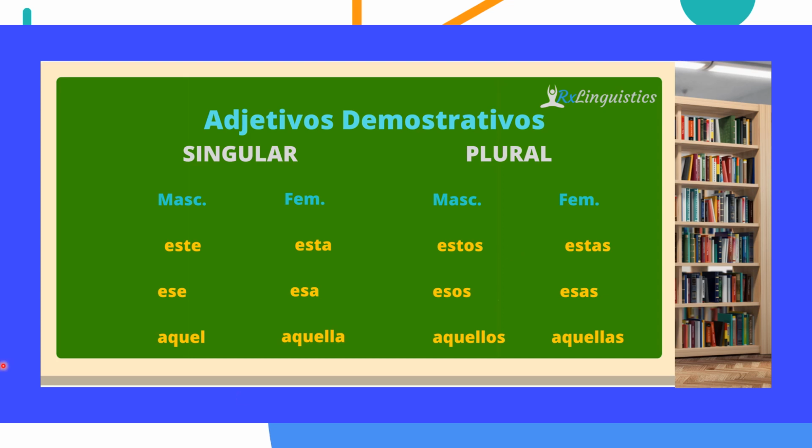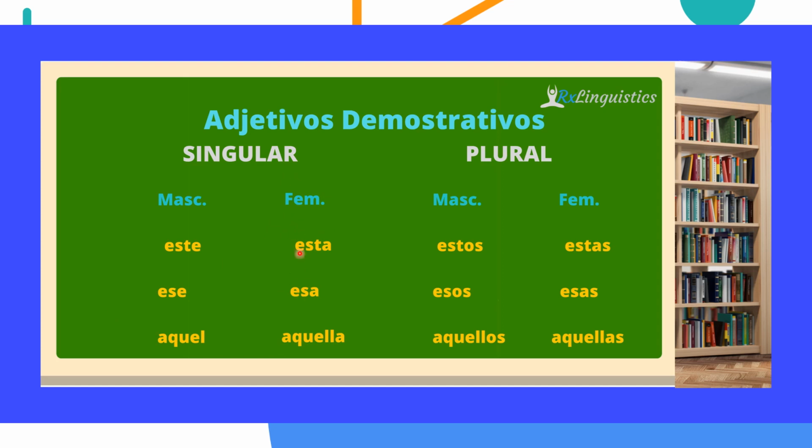So you have this, that, that over there. That's three, and these, those, and those over there. That's another three. So that would be six. But because adjectives must agree in gender in Spanish, you have six more because of the feminine feature.